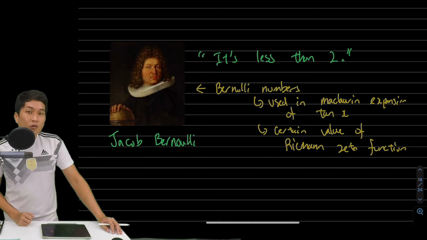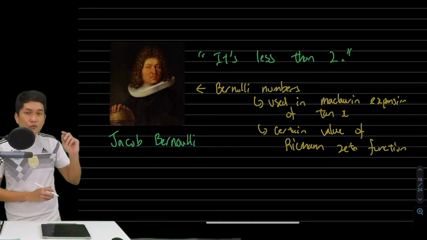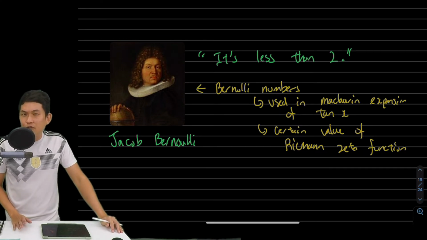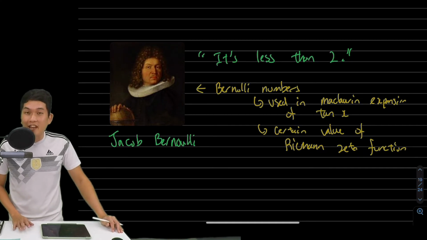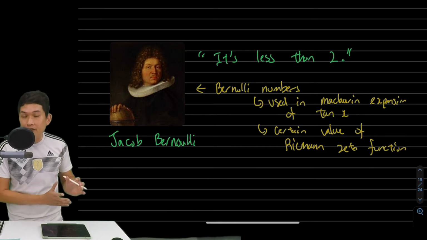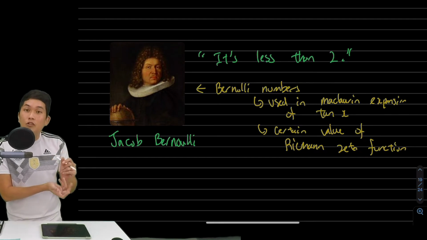He is well known for coming up with Bernoulli numbers. If you don't know what Bernoulli numbers are, let me just ask you a simple question. Have you ever come across the Maclaurin expansion for tangent x? Well, you haven't, and that's because the coefficients in the Maclaurin expansion of tangent x are truly very complicated and very complex. But you can use Bernoulli numbers to represent it.